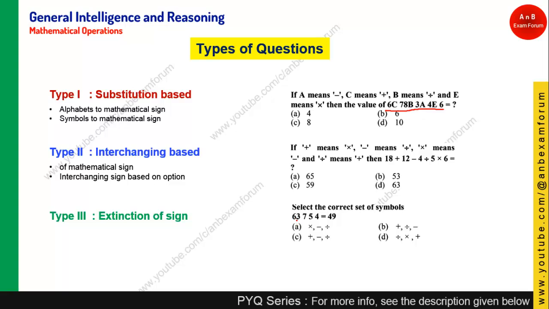With what operator, if you put it on the left hand side, you will get the number on the right hand side as the answer. These are called extinction of the sign. And the last one is the miscellaneous category, which can revolve around these three categories. So these are basically the four types of questions generally asked in mathematical operations.